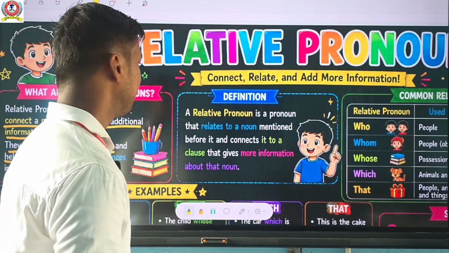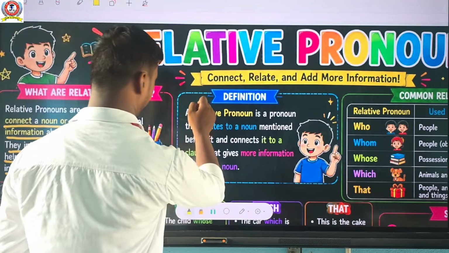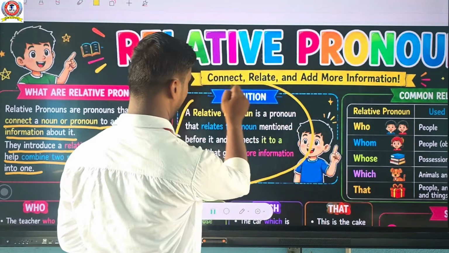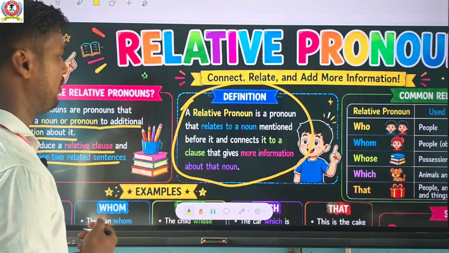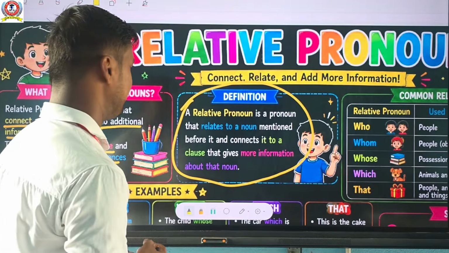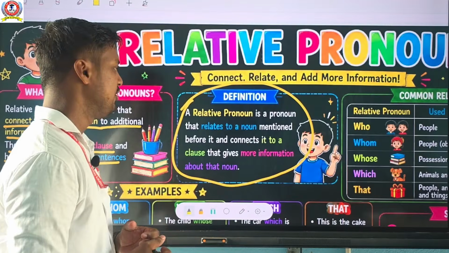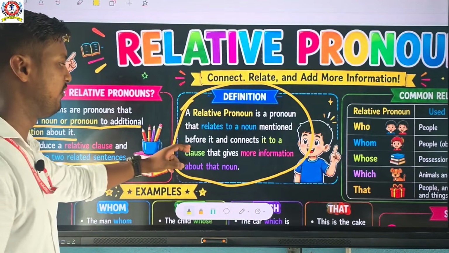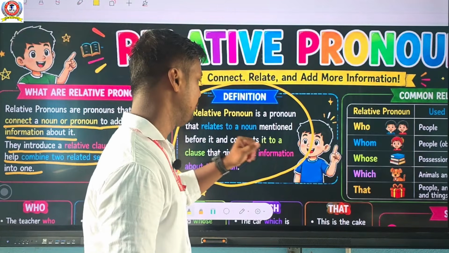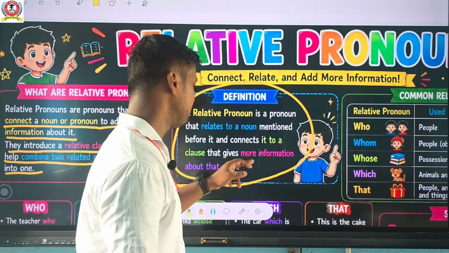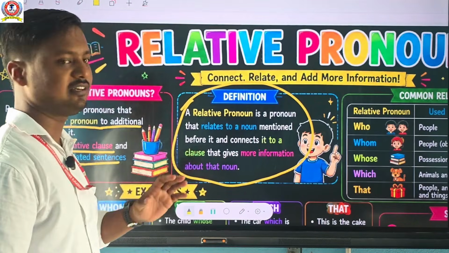So what is the definition of a relative pronoun? You can note in your copy, all of you. A relative pronoun is a pronoun that relates to a noun mentioned before it and connects it to a clause that gives more information about that noun.